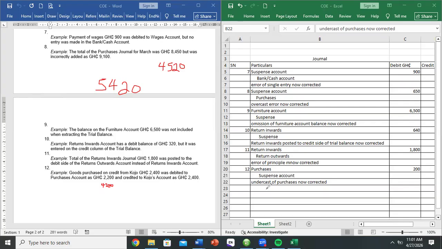But in writing the narration, it will be better for you to use error of transposition rather than an overcast, because they have changed the figures, even though it's leading to an overcast. We prefer you use the error of transposition. But where you don't see the transposition, then you can go straight into casting, either overcast or undercast.